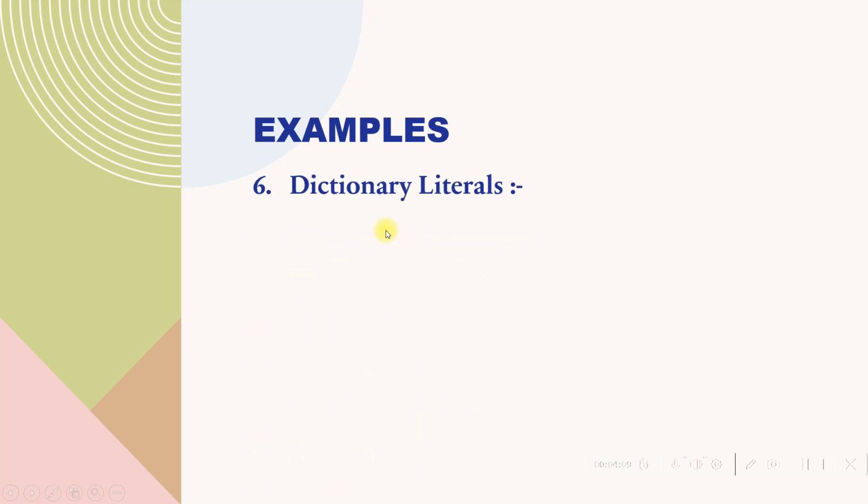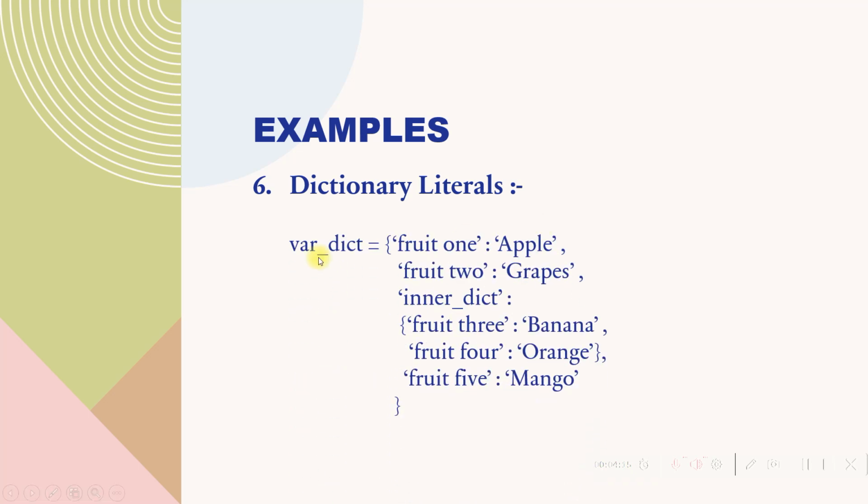Finally, we have dictionary literals. So it is a mapping kind of object in Python. Here in a dictionary, we treat a key-value pair as the element of the dictionary. Okay, so here also you can store different types of values inside a dictionary, although there are some constraints while choosing the type of the object as a key in a dictionary.